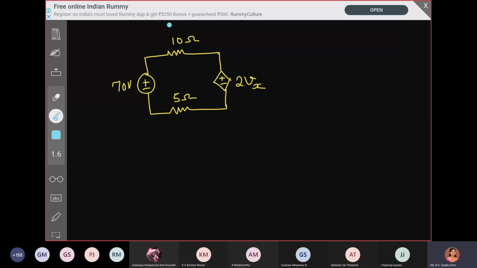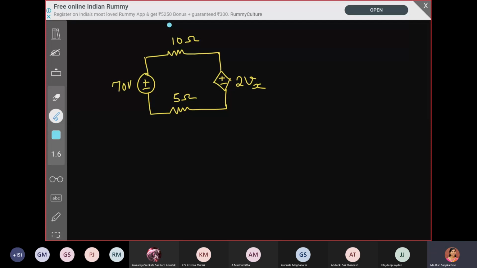Okay, so that is the basics of Kirchhoff's voltage law. Right now, we are having two sources where voltages are already defined, and we have two resistances, 10 ohm and 5 ohm, where the voltages are not given. So what we have to do is compute the voltage drop across each of the passive elements and then proceed.